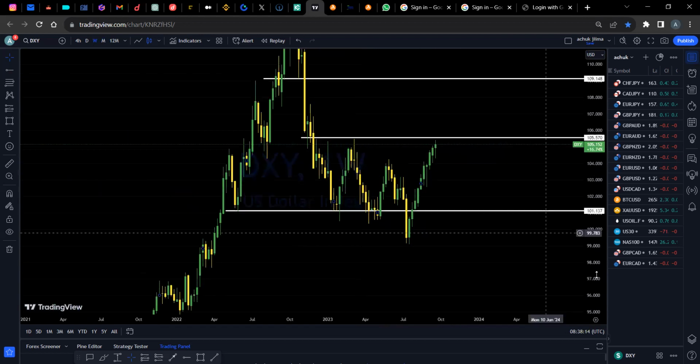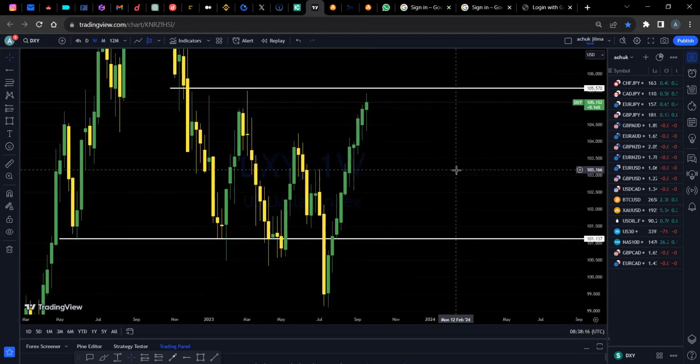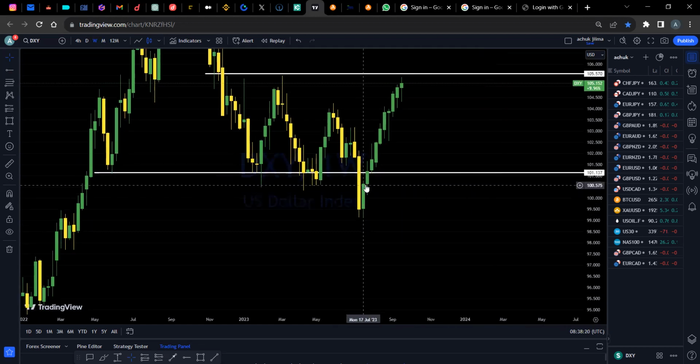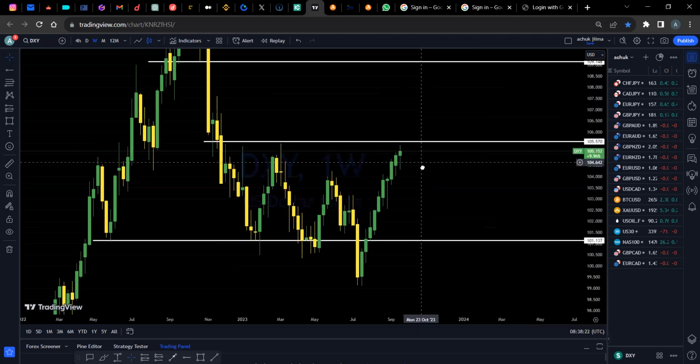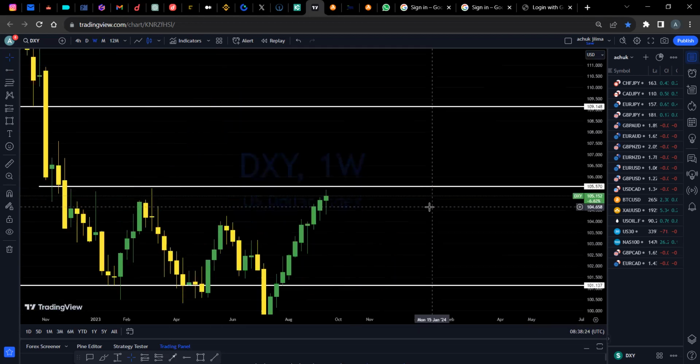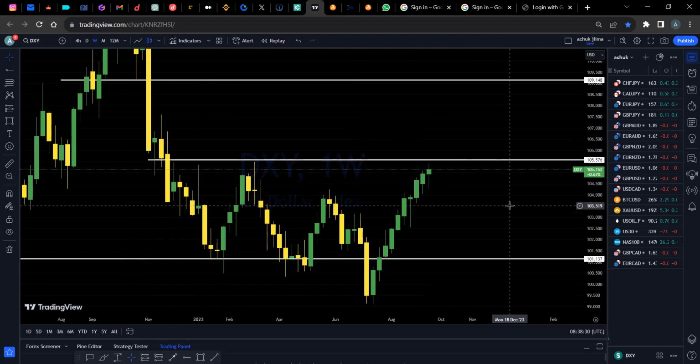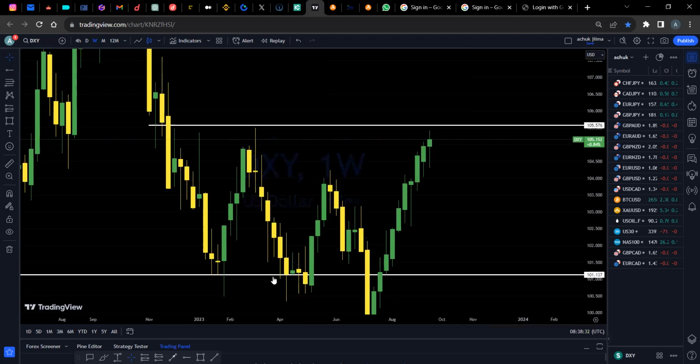On the weekly chart, generally for the last weeks, the dollar has actually been so strong by the way we understand the DXY. But now we are approaching an area of resistance above here. So we shall see what more information we can get from here.